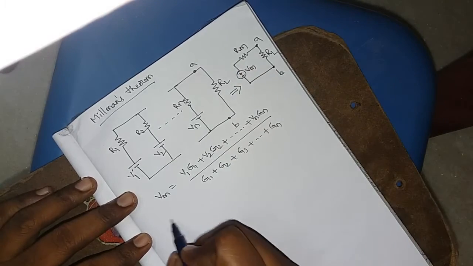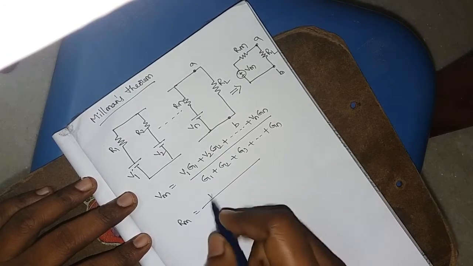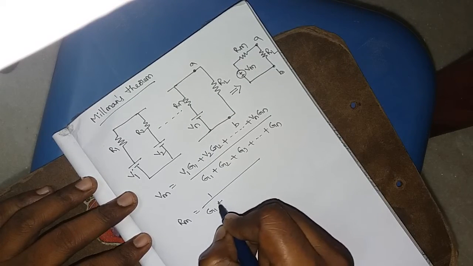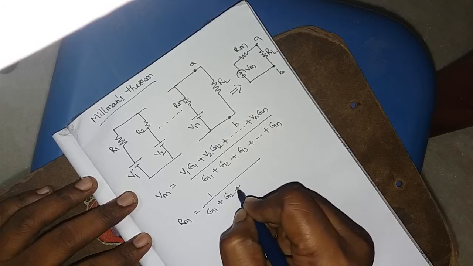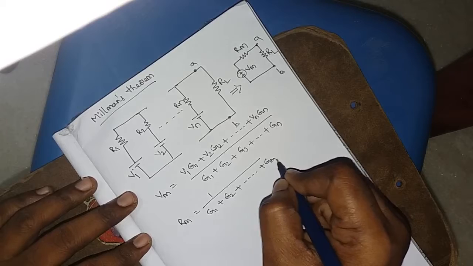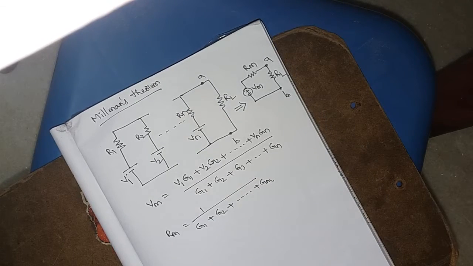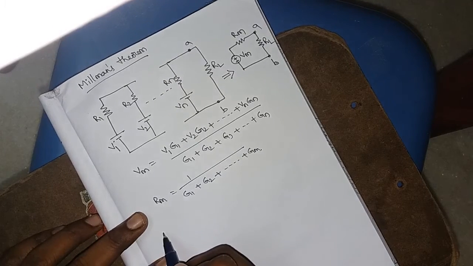Now what is Rm? Rm is equal to 1 by (G1 plus G2 plus so on plus Gn). This is valid for DC. Suppose I have an AC network, with AC sources connected in parallel.